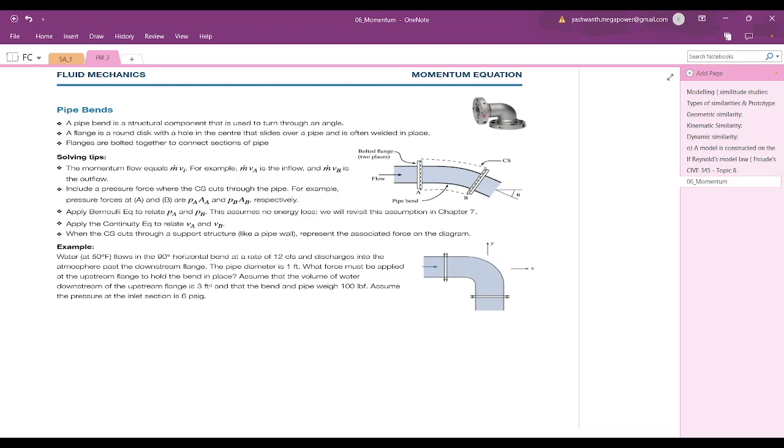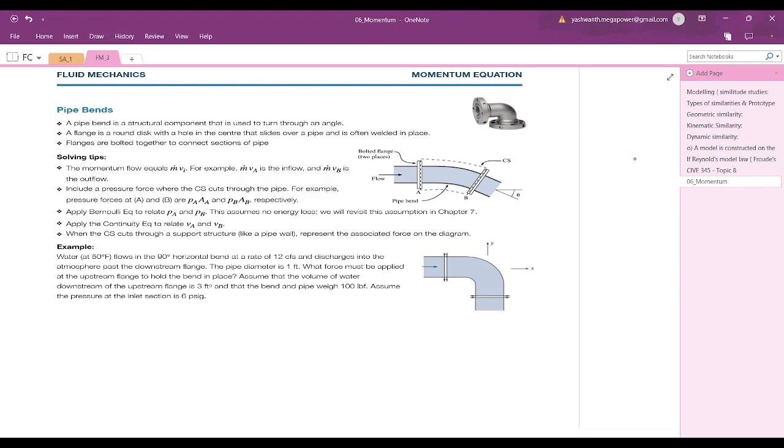Now in the pipe bend, we are using the momentum equation, energy equation and continuity equation. So when the control surface cuts through a support structure like a pipe wall, represent the associated force on the diagram. So this time we need to represent the force as well. This is the third kind of problem involving the momentum equation.